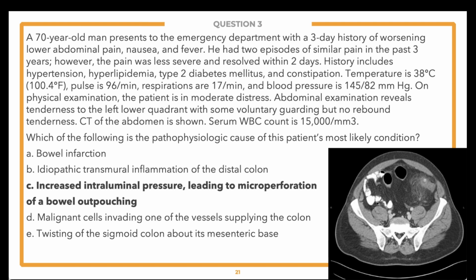Idiopathic transmural inflammation of the distal colon would be characteristic of something that presents with chronic symptoms, and malignant cells invading colon-supplying vessels would be characteristic of advanced stage colon cancer, which has a chronic presentation.